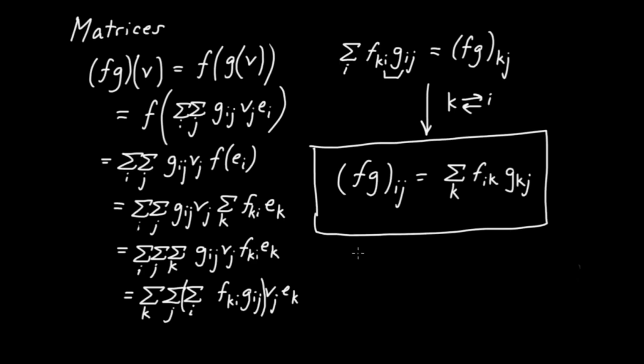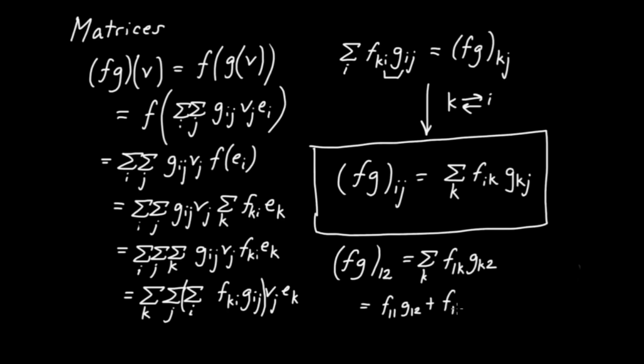For instance, let's say I want the 1-2 entry of fg. What do I have to do? Well, I have to sum over k, letting i be 1, j be 2. So this would be f_1k g_k2. And you just expand out the sum as you sum over the k's. So this would be f_11 g_12, plus f_12 g_22.